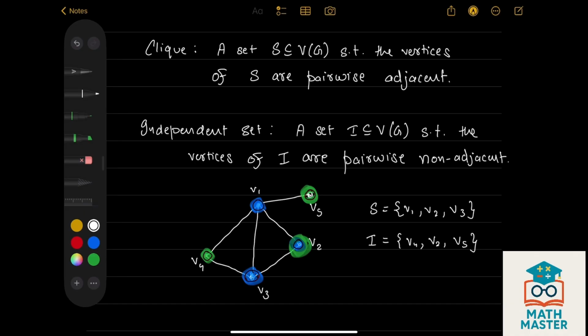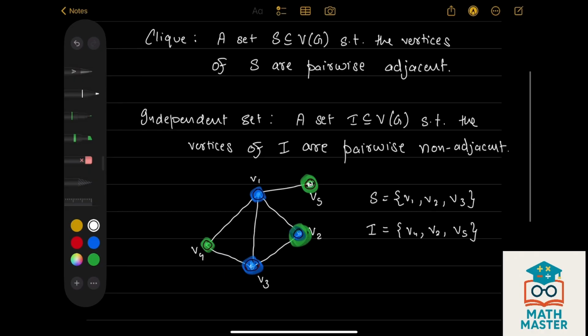We don't have any edge between v4 and v2, and similarly we don't have any edge between v2 and v5, and v4 and v5. So that's why I is an independent set. Similarly, you can see that {v1, v3, v4} is also a clique, and {v5, v3} is an independent set. So in a graph there may be several cliques and several independent sets, right?